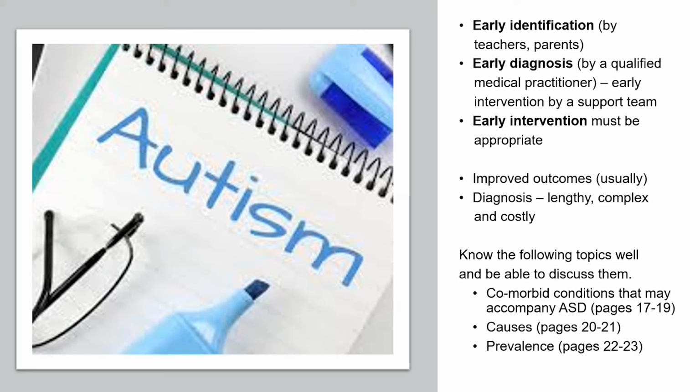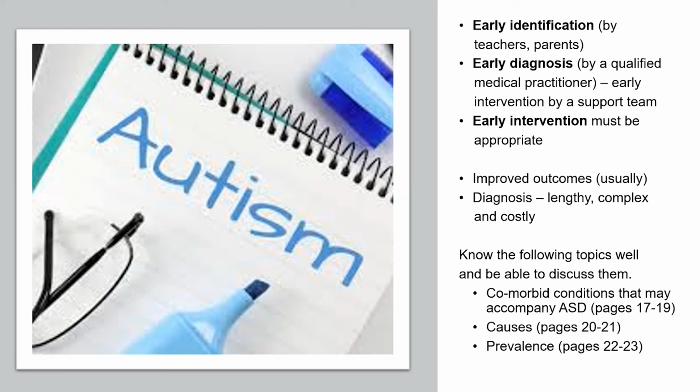And the literature tells us that where there is early intervention, learners usually have improved outcomes in the short and the long term. So if a child has, for example, speech therapy, then the communication challenges can be reduced or overcome, and the learner is usually more likely to be verbal.